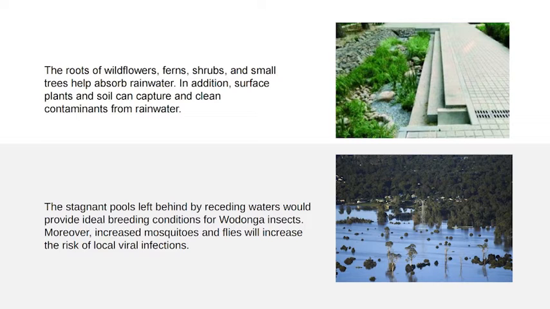At the same time, they can also purify the pollutants in floods. However, the number of flies has increased due to flooding, which has created suitable breeding conditions for the insects, and these insects can accelerate the spread of viral infections and disease.